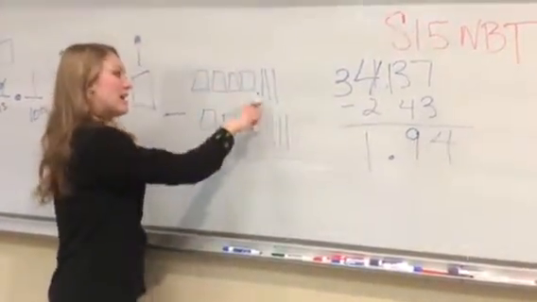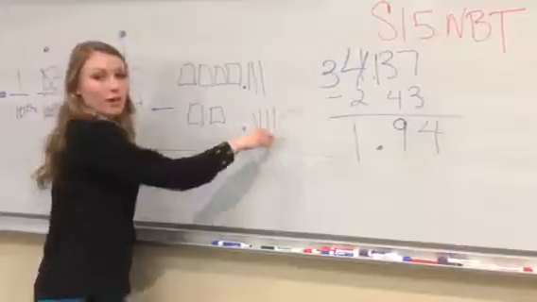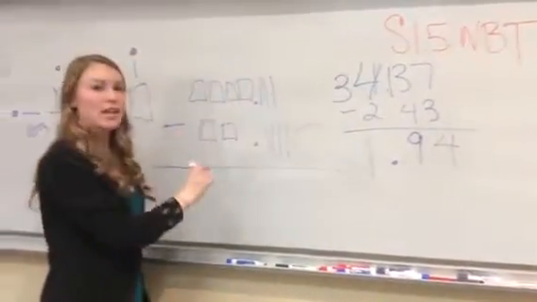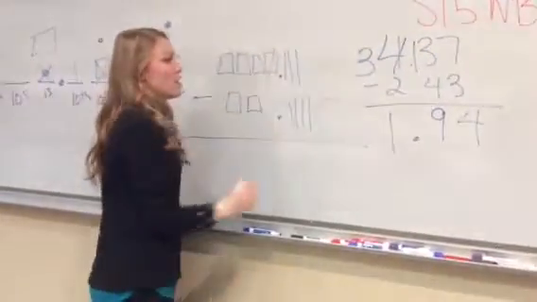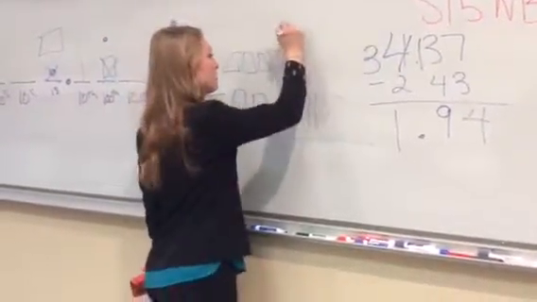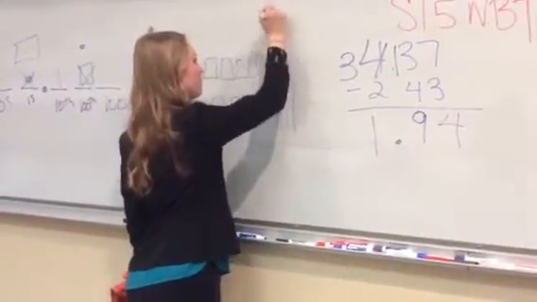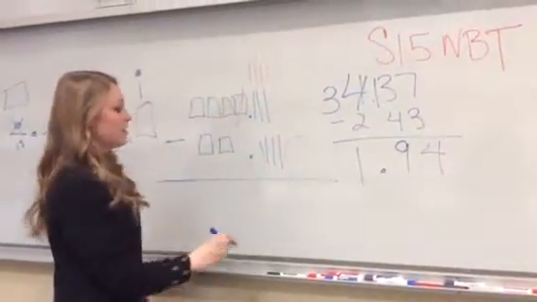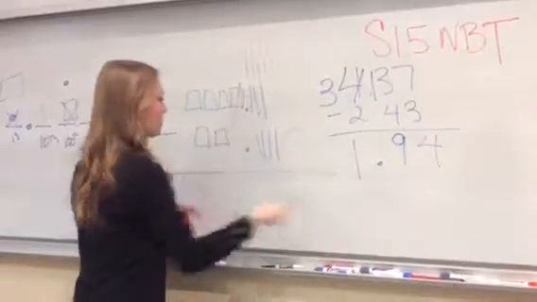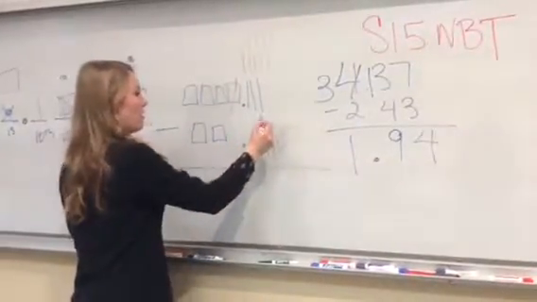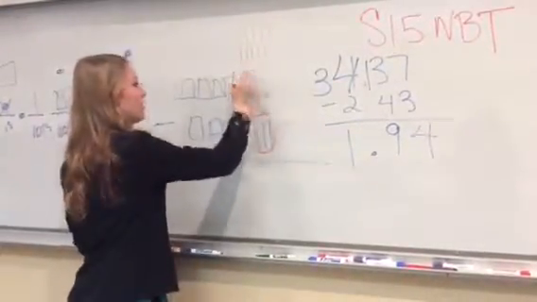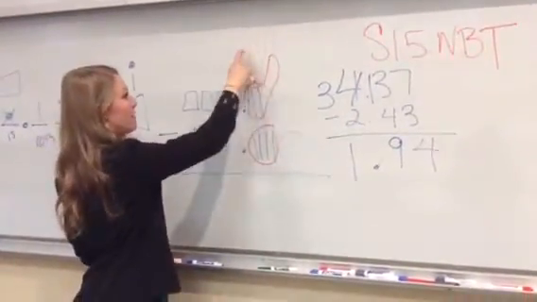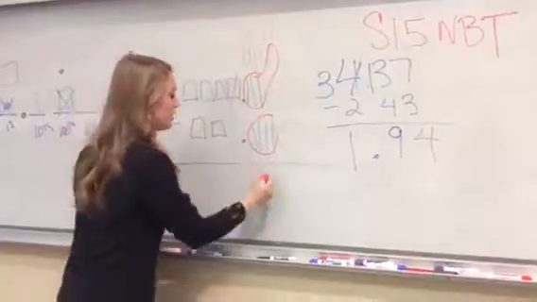And again, we can't take 4 rods away from 3 rods, so we are going to go to our ones place and turn our flat into 10 tenths. Now if we take away these 4, we will be left with 9 rods.